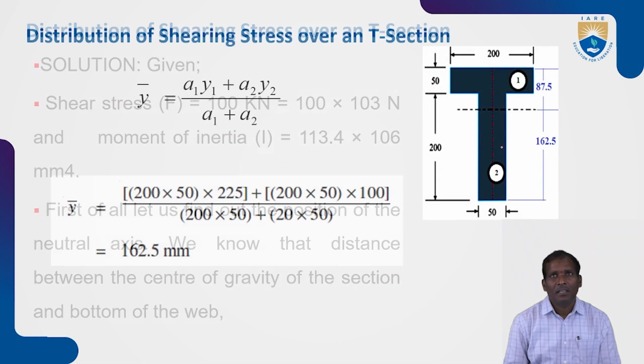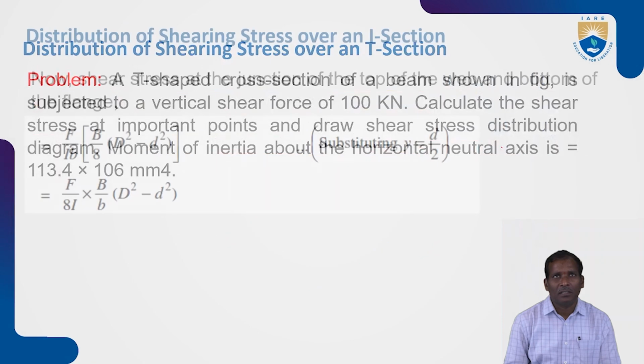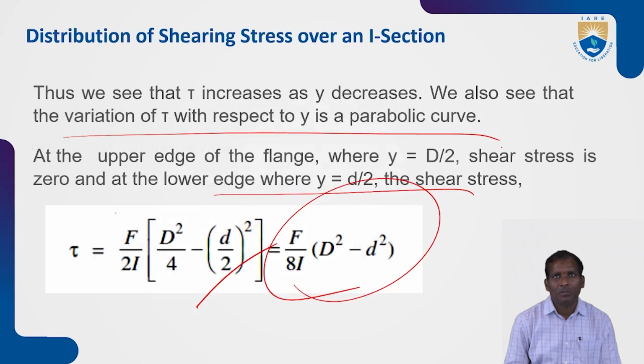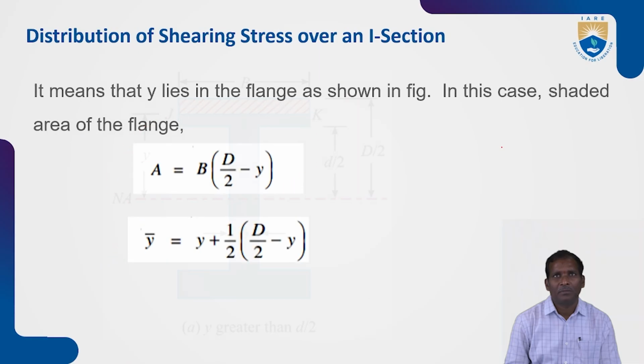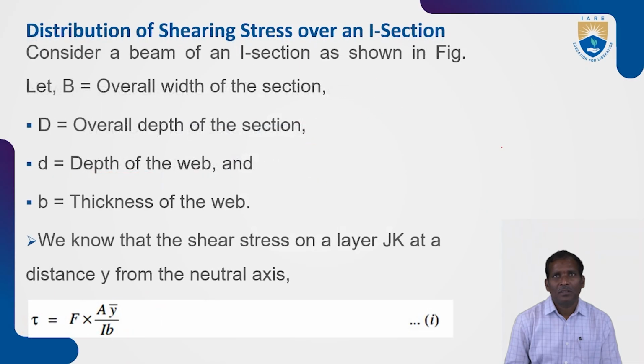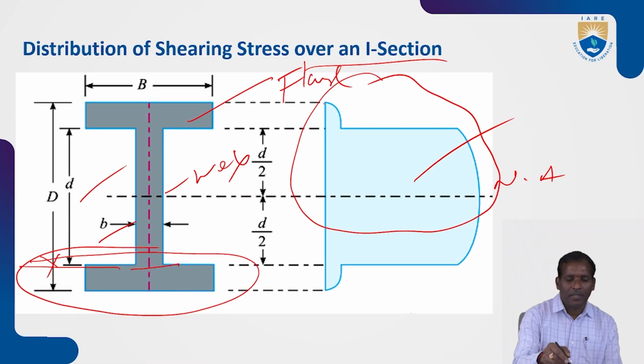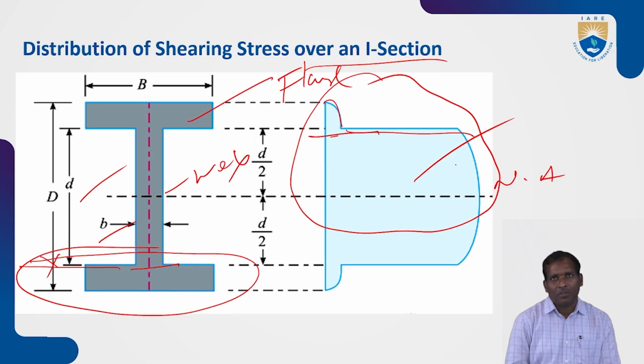So already we have drawn it in I section. Clear? So in I section you already know the shear stress distribution. I will show you this one. The shear stress distribution in flanges and junction also calculated, and then in web portion also.